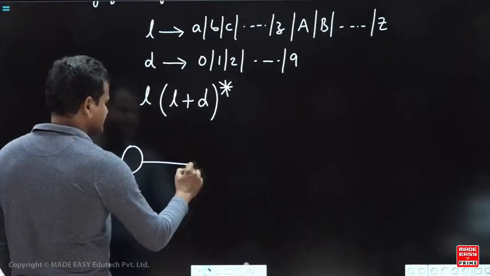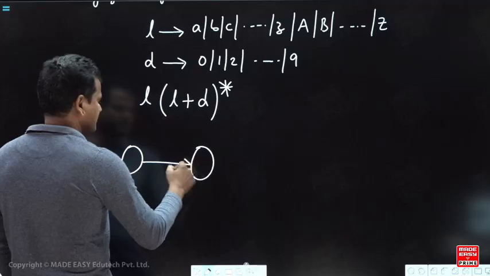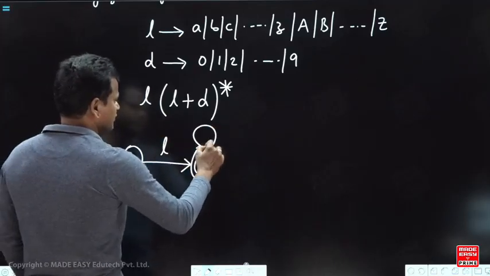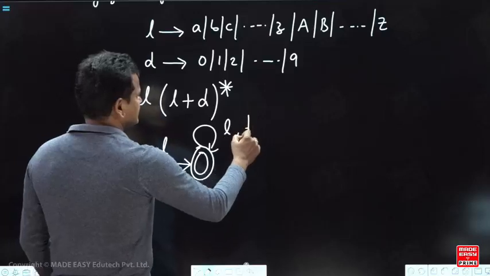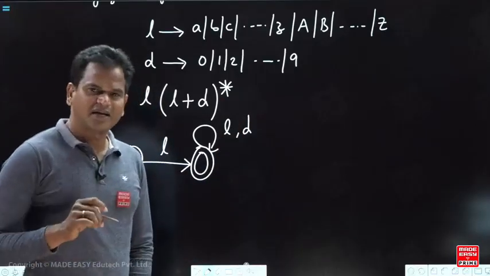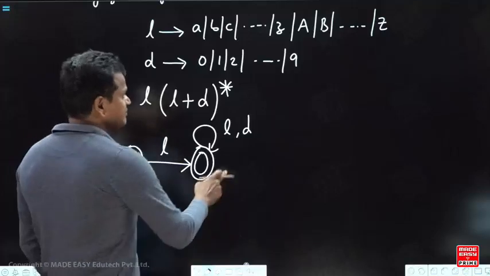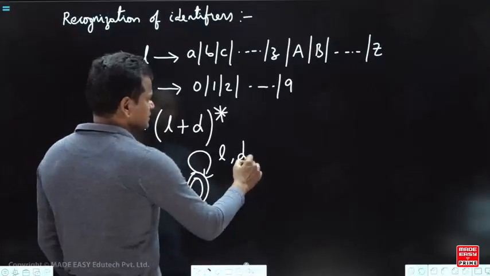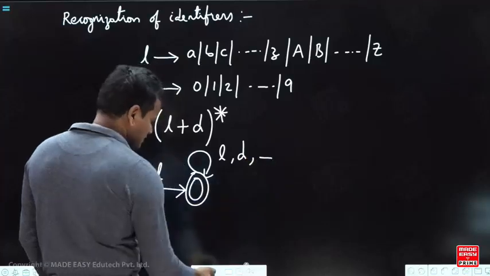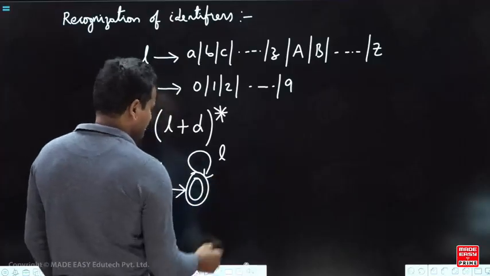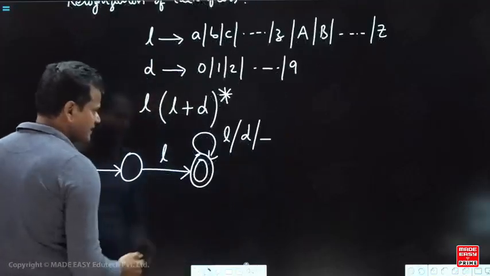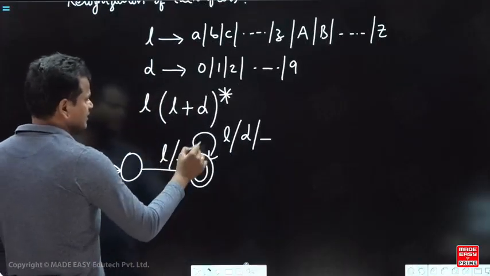Okay, the first symbol must be a letter, then followed by letter or digit. And you remember it can be underscore also, so I write underscore also. Instead of this, you can write it like this also: letter or digit or underscore. Similarly, the first symbol can be letter or underscore.